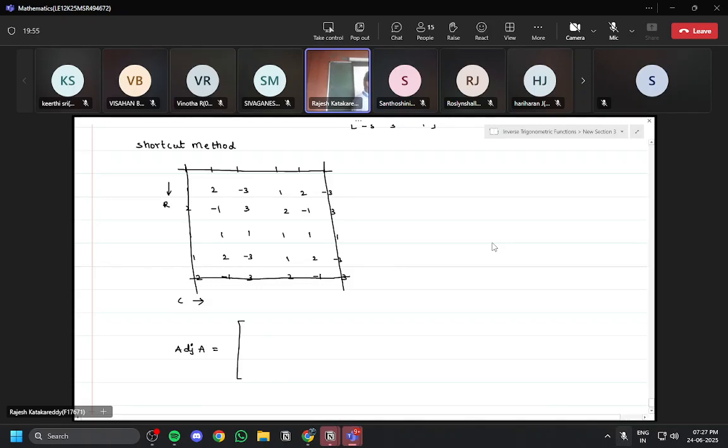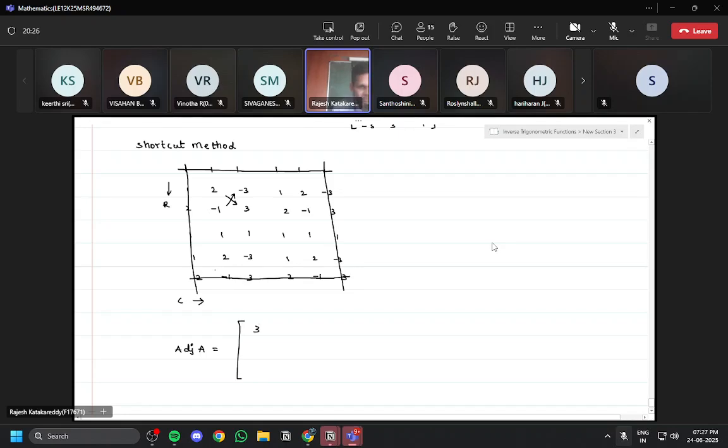Row 1 is done, na? Then again, hide this one. These two you consider, and then again take this 4, second row, first column element. And then this 4, second row, second column, and so on. Starting with this, 2 3s are 6, right? The determinant we are finding: 2 3s are 6 minus minus 1 into minus 3. 6 minus 3 will be equal to plus 3.